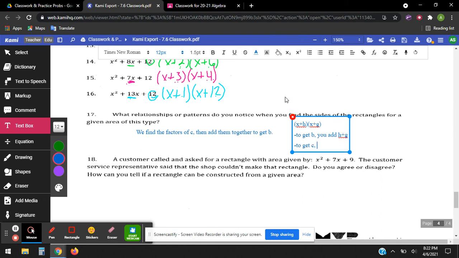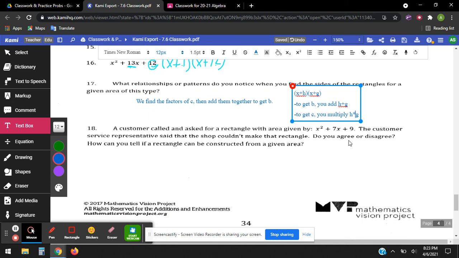To get c, you multiply h times g. So when we go from this to the trinomial, this is the pattern we go. When we go from the trinomial to the split way, the multiplier side times side, we go this way. So that's both directions right here.